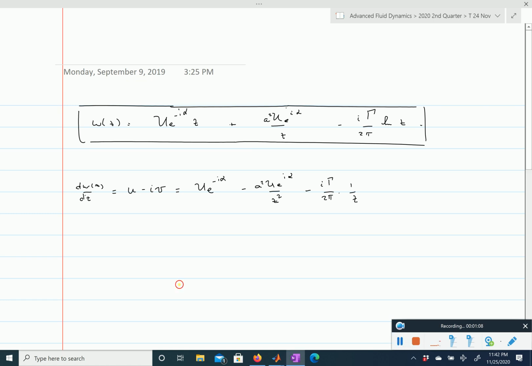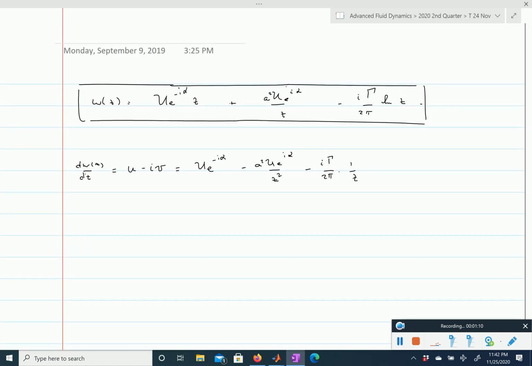And so where is the velocity 0 at the surface of the cylinder? At the surface of the cylinder, z is equal to a exponential i theta. So that represents the entire surface of the cylinder. The contribution of the uniform flow is here: a squared U exponential i alpha divided by z squared, which is going to be a squared exponential i theta squared.